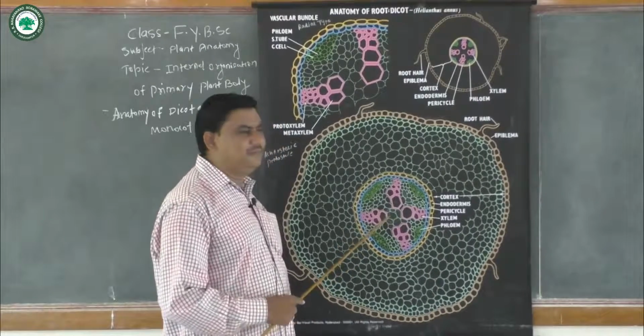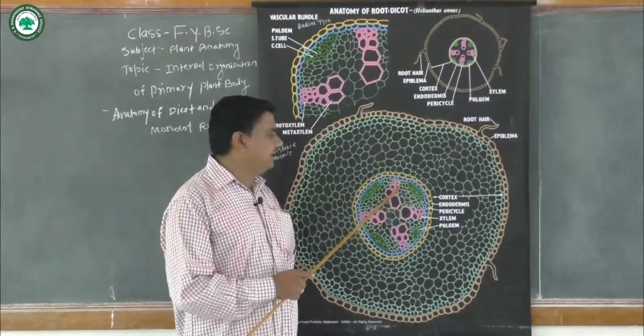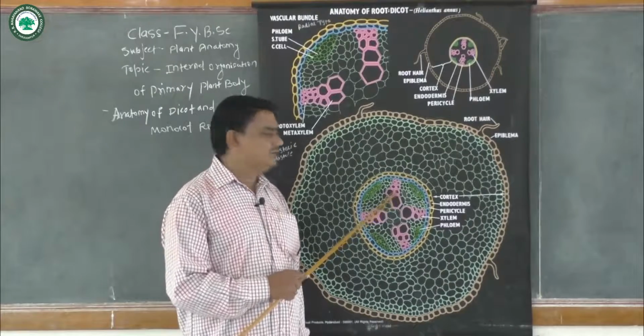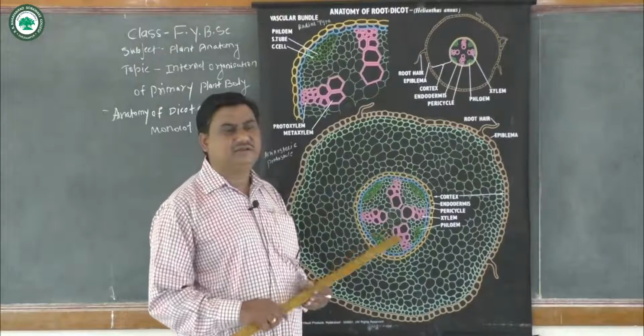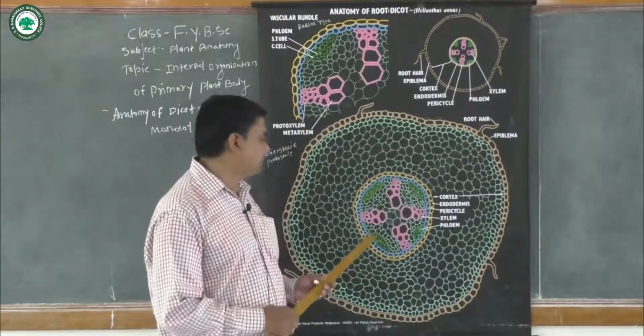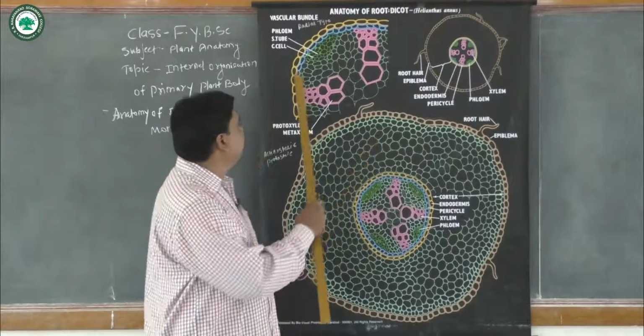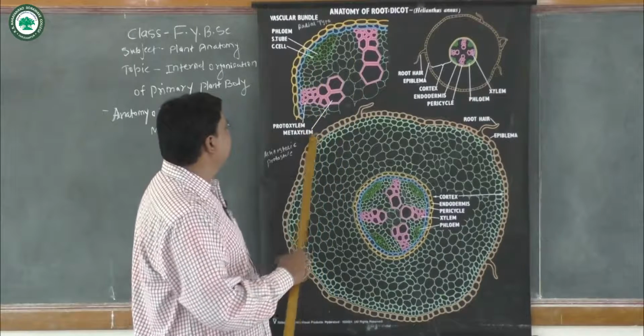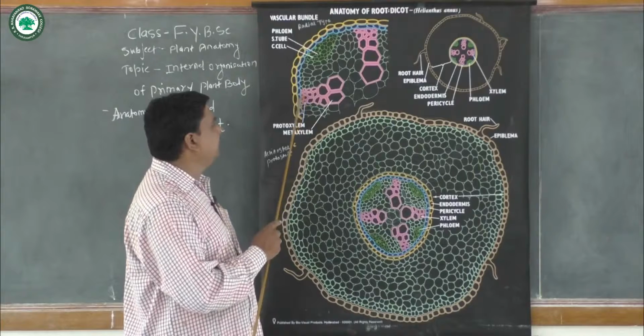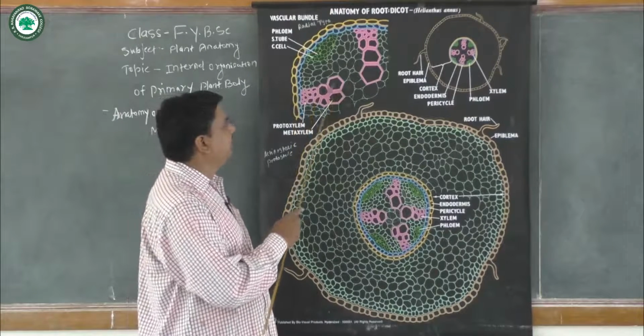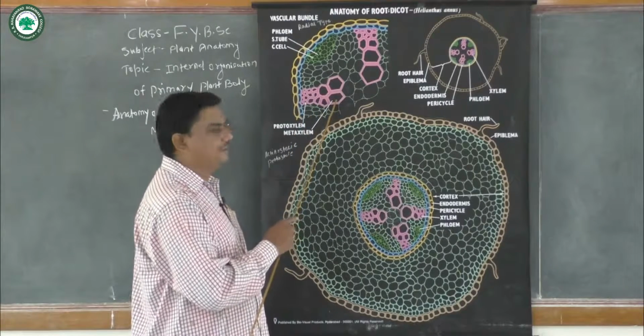Then xylem consists of tracheids and vessels. Here there is xylem parenchyma, and xylem fiber is absent. Then you can see the vascular bundle, with the protoxylem toward the periphery and metaxylem towards the center.